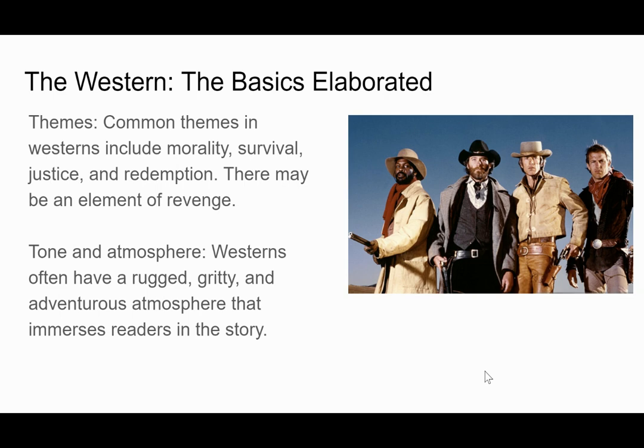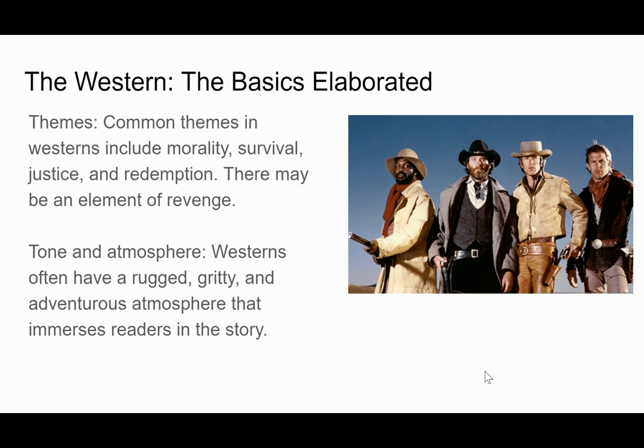Rugged, gritty, and adventurous. Gritty, I think, is important because it's distinguished from grimy. The atmosphere in a traditional story is perhaps none of these. The atmosphere in a police procedural can be sort of gritty and rugged.